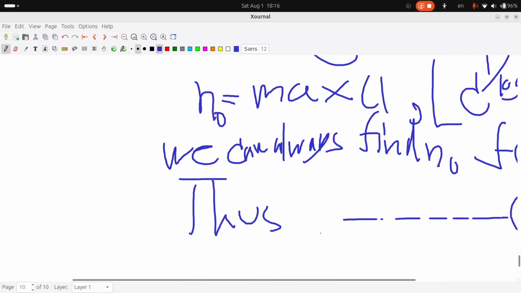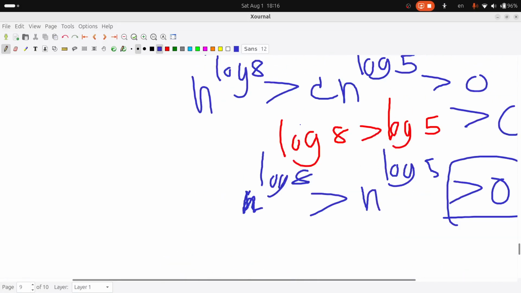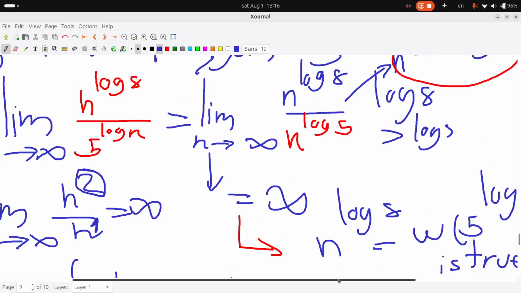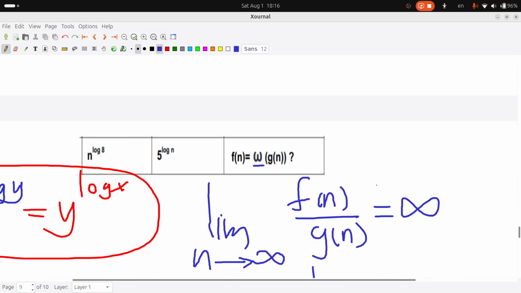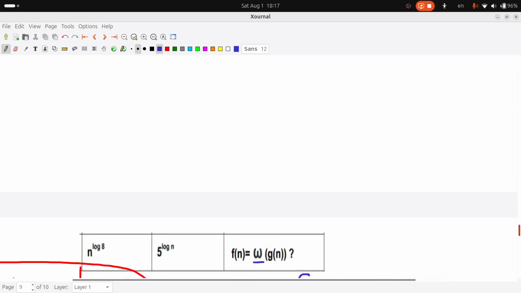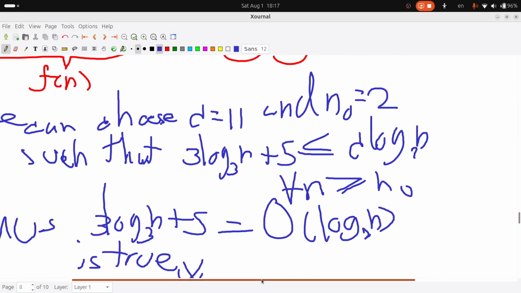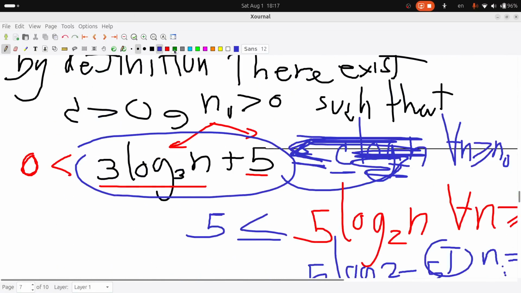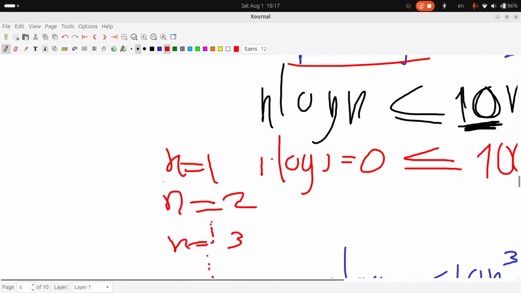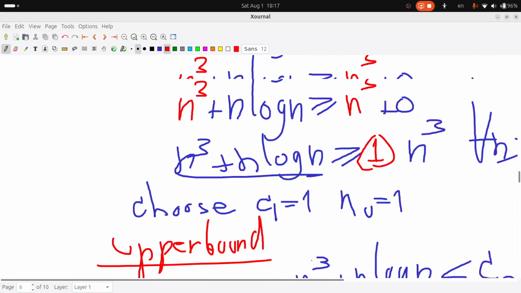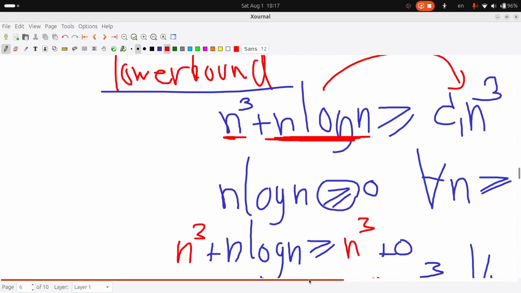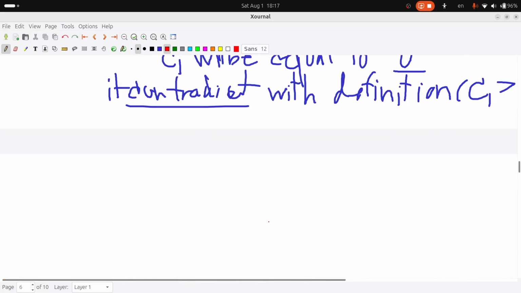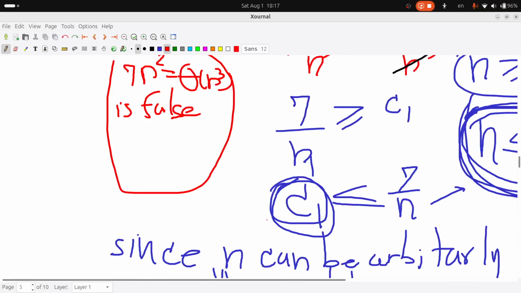And for little o notation, you must specify that the limit of f(n) divided by g(n) as n approaches infinity should be equal to 0. And don't forget, like me, about the definition for little o notation or little omega notation, that for the definition you should specify this one, c greater than 0. Don't forget to write it. You can leave it out, but it would be good to write.